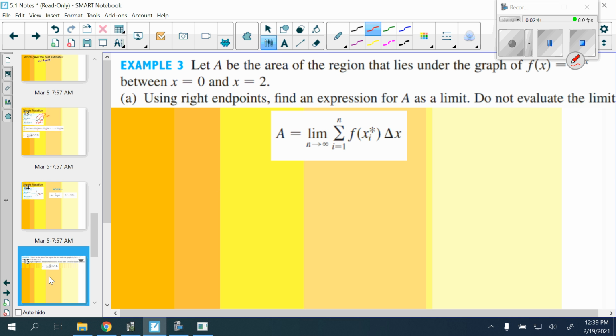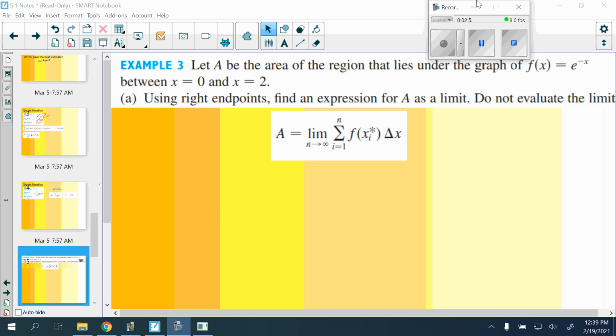They want us here to find the area of this, same e to the negative x one we've seen before. See if we can come up with an expression, but they say do not evaluate. So let's find out those things. Let's first find out our change in x here. And we've previously seen this one.